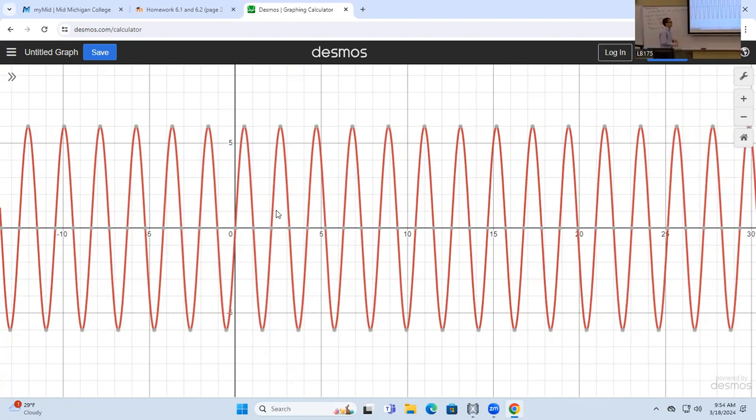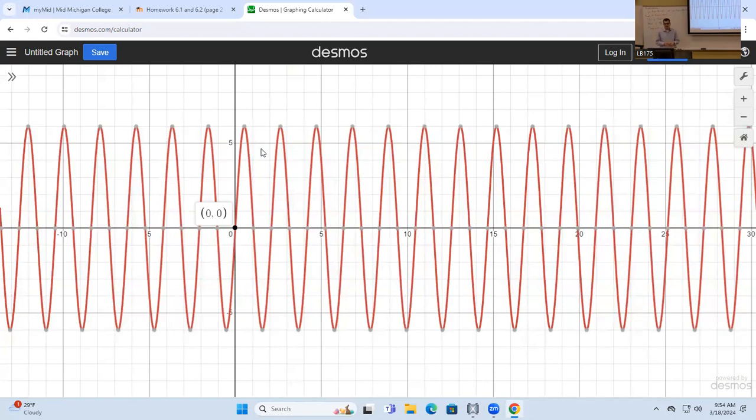Now, I'm not going to phase shift this at all, so there's no phase shift in this. This graph, as you can see, goes to the point 0, 0, and it's this nice harmonic function. So it's going to deal with sine. It's going to look like y equals a times sine of bx. Right? So there's no phase shift, the c is 0. And it's going to be a sine function.